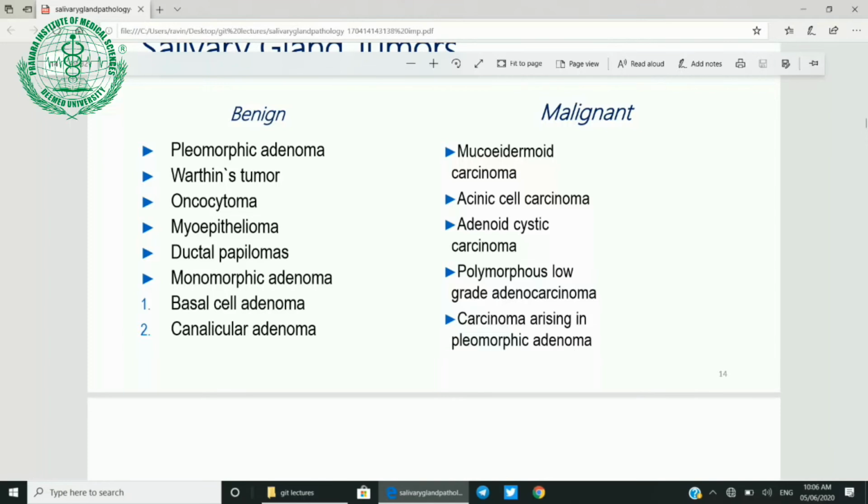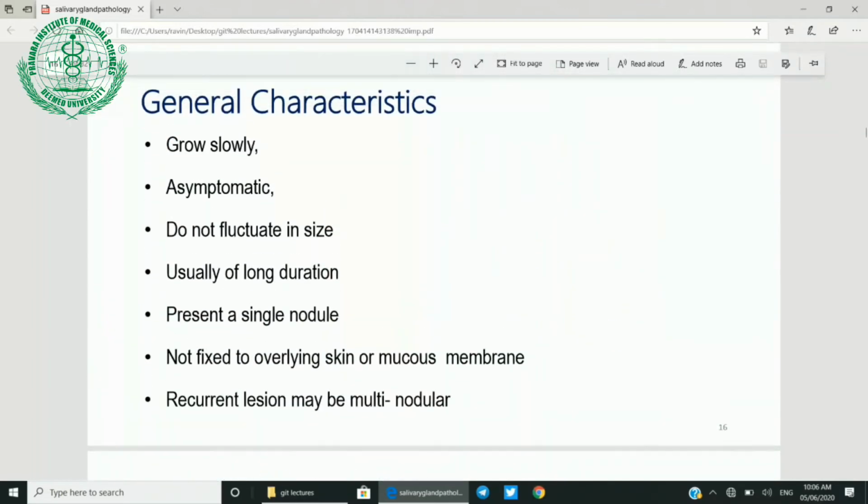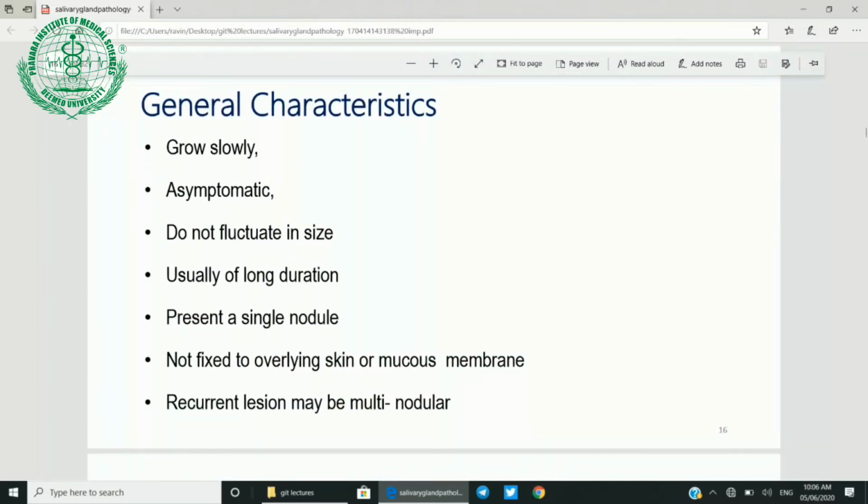As I told you, these five tumors are what you as UG students should be remembering. As with all benign tumors, salivary gland tumors grow slowly, are mostly asymptomatic, and do not fluctuate in size.